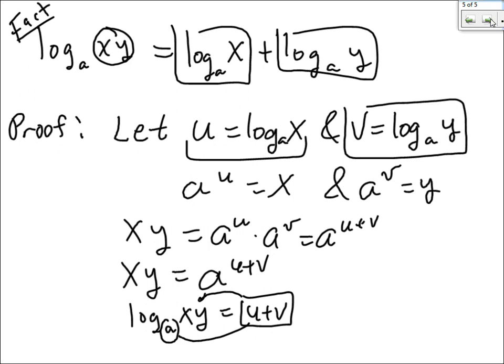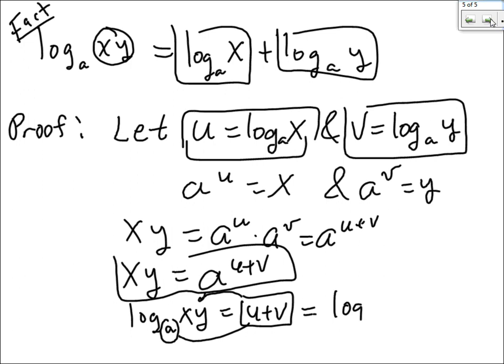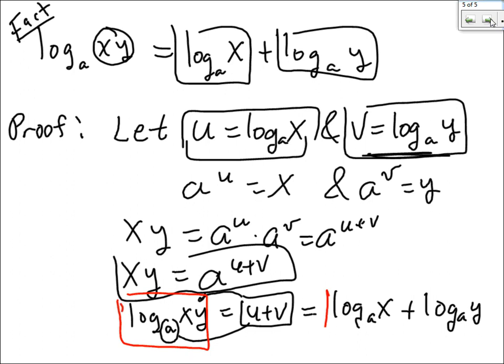And that's exactly what it says here. Okay, now one last thing. U is log base a of x, plus v, which is right here, log base a of y. So I've just shown that log base a of xy equals log base a of x plus log base a of y. And I proved this. This is now valid.